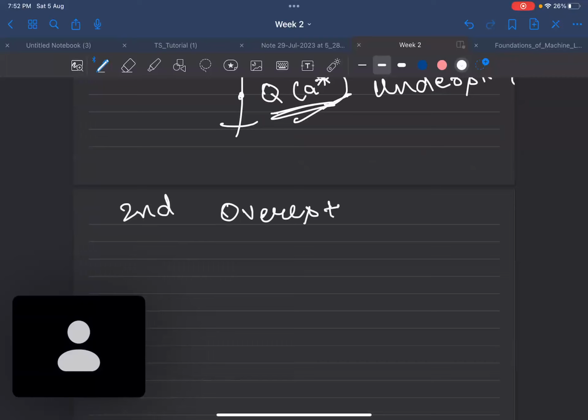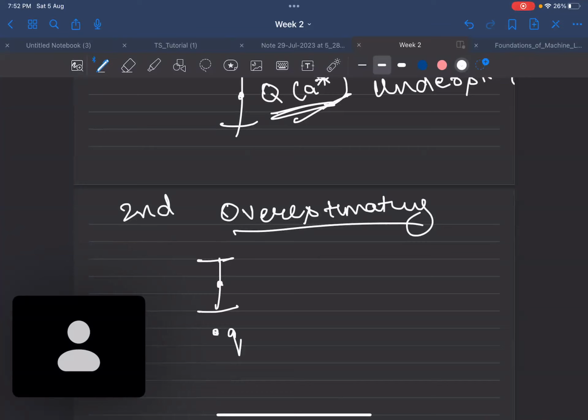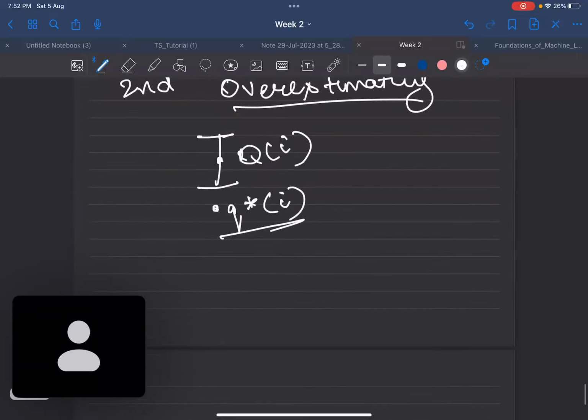Can someone explain? Yeah, here we are grossly overestimating the estimate of the reward of the suboptimal arm I. Yes, basically here we are overestimating it. Actually it was this, but we are estimating it as this. This is the overestimating one.